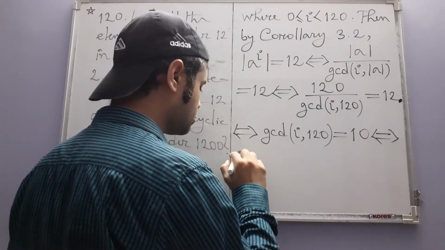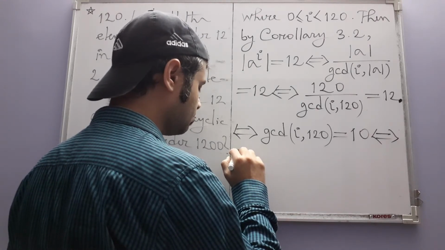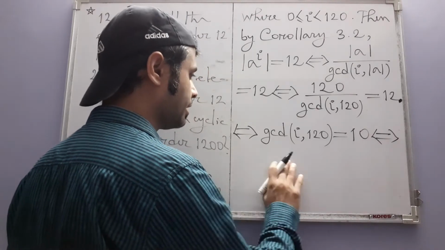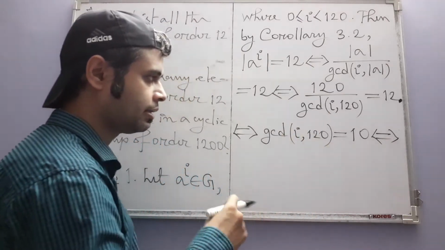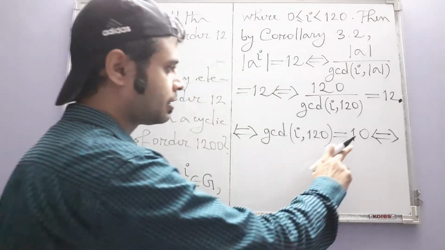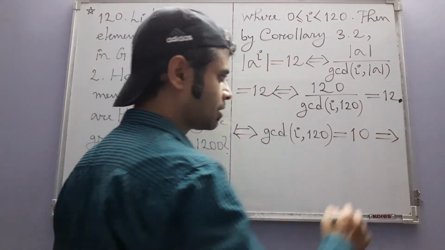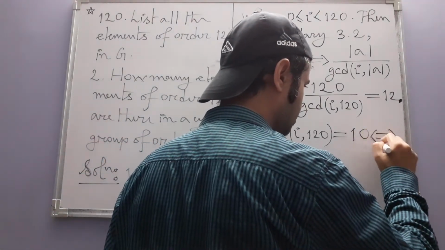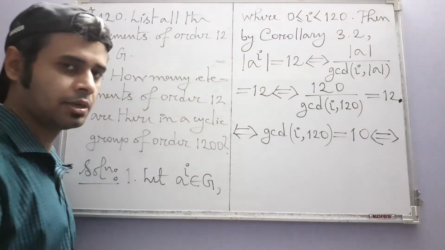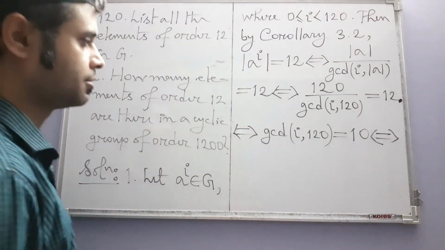So this means, but we cannot just simply write that 10 divides i and that's all, because we are not writing a one-way implication, but rather implies and is implied by, an equivalence.